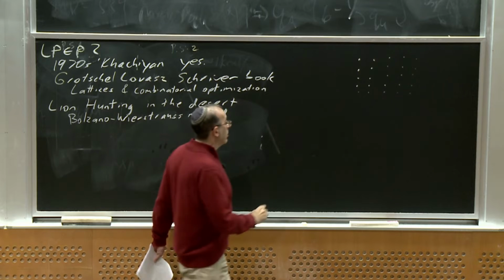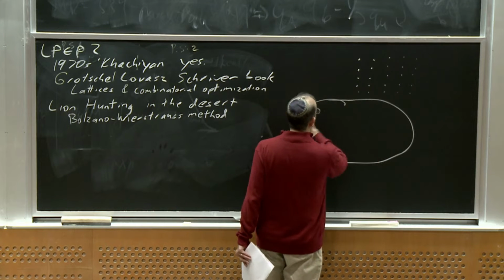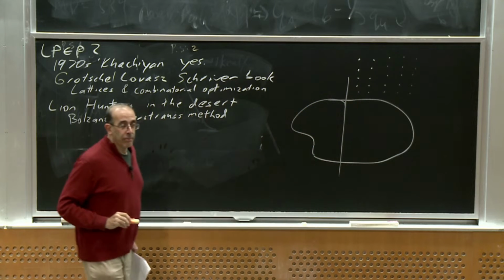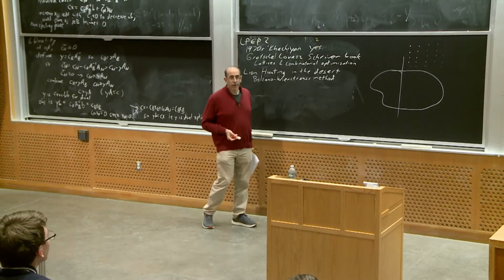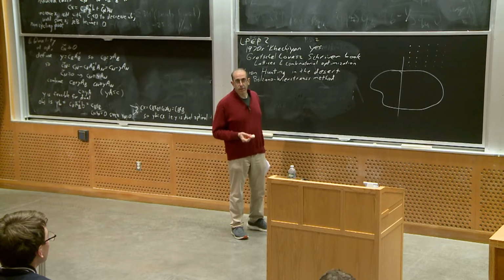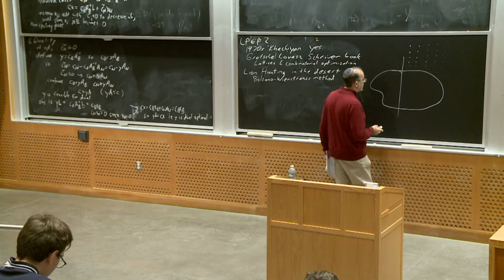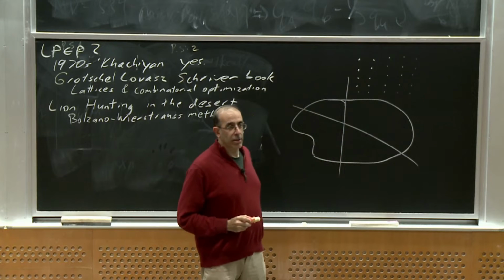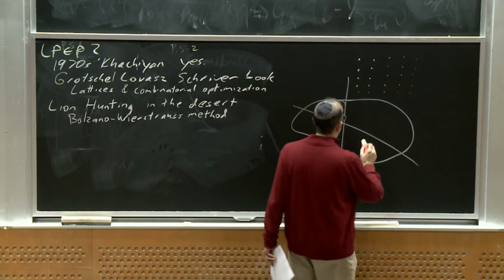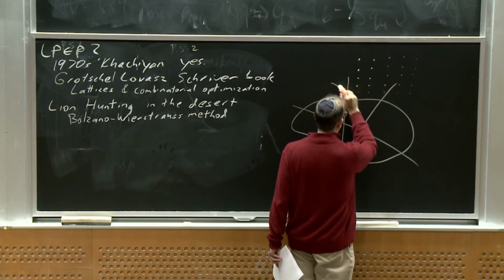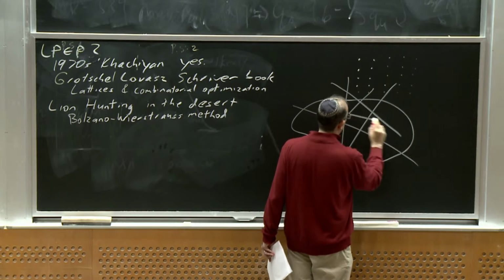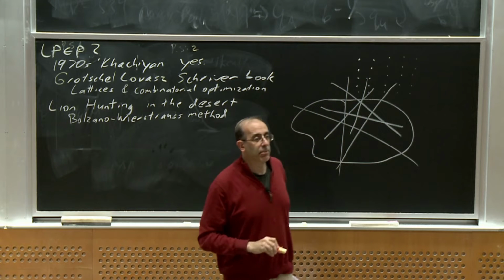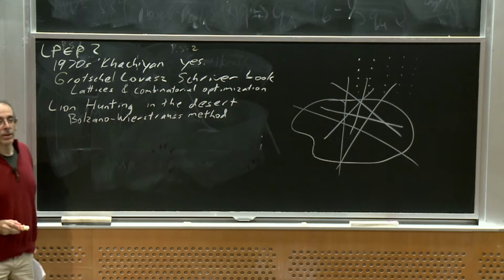Where you basically say, okay, here's the desert, I'm hunting for a lion, and I just build a big fence across the desert, and I say, well, the lion's either on the left side or the right side of the fence. So if I can posit that they're on the right side of the fence, I can just build another fence across the desert and again subdivide the area, and I can keep on building these fences and subdividing the area until the lion is in such a small space that I can see them, and I've caught my lion, okay?